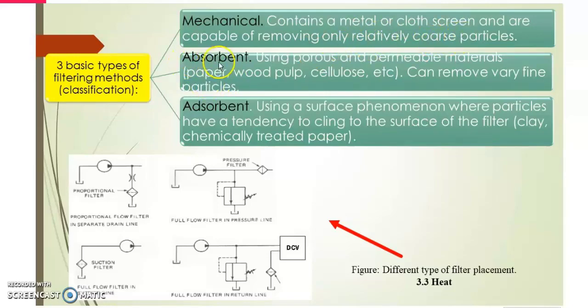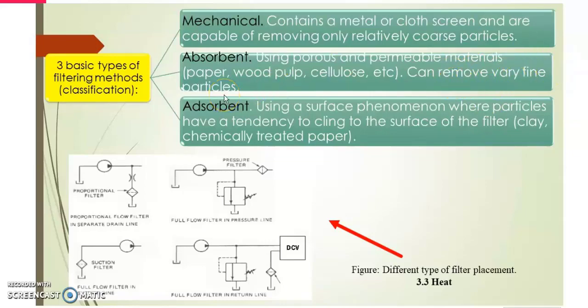Next is absorbent. Absorbent filters are porous and permeable materials such as paper, wood pulp, cellulose, and also asbestos. In this type of filter, the particles are usually absorbed as the fluid permeates the material. As a result, these filters are used for extremely small particles, or we can call it very fine particles.